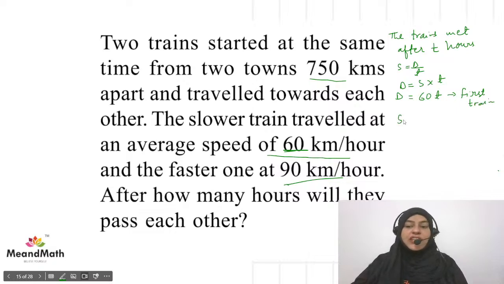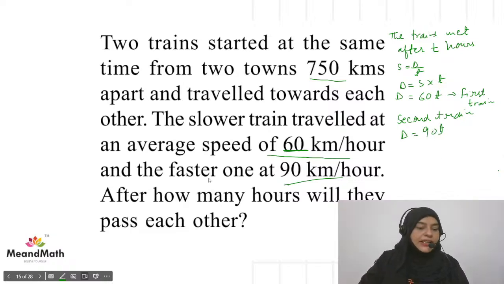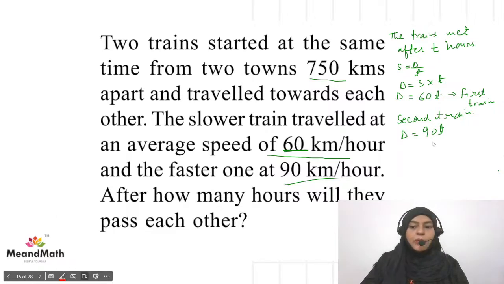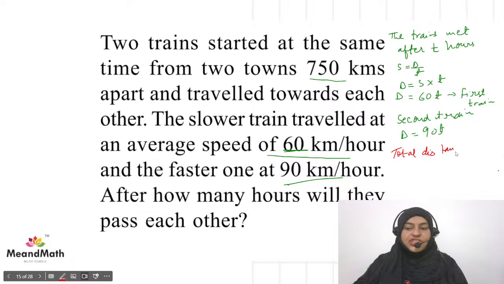Now for the second train, the speed is 90, so the distance covered by the second train will be 90t. What is the total distance given here? The total distance given is 750 kilometers.